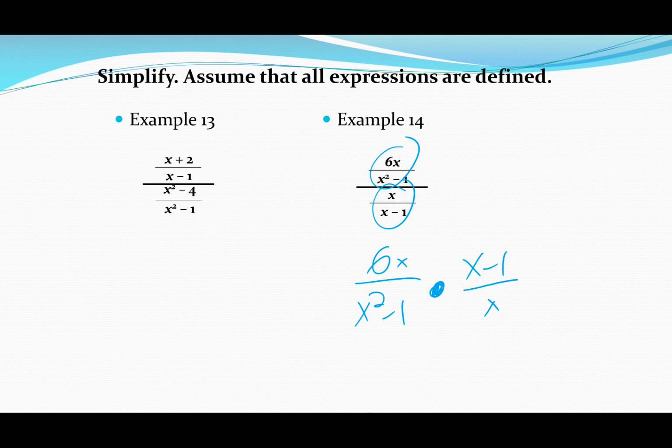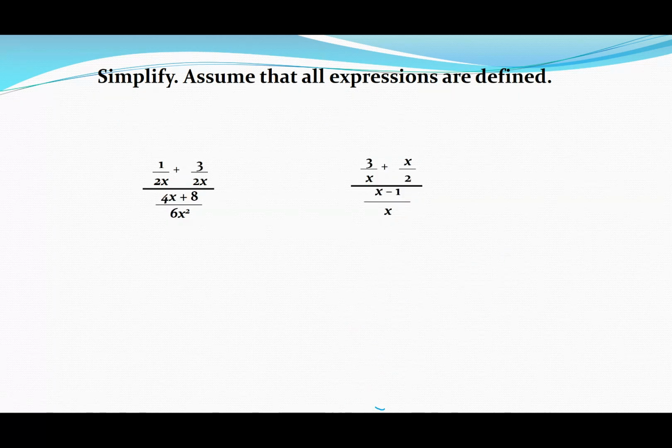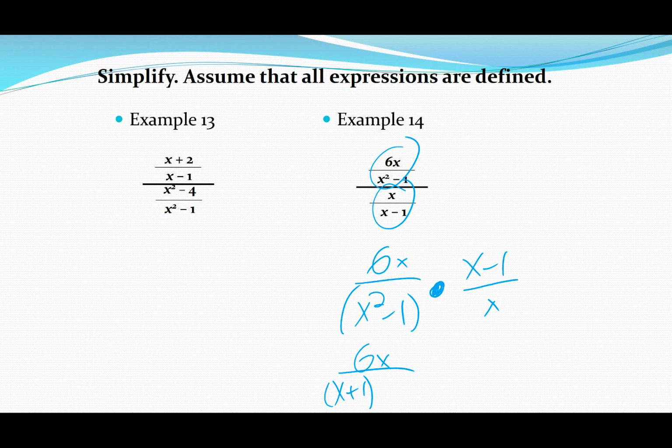If I simplify, factor, and cancel here, we'll have 6x over the factored version of this, x plus 1 times x minus 1. And there's nothing to factor in the second side. It's x minus 1 over x. Notice this x minus 1 will cancel with this x minus 1.